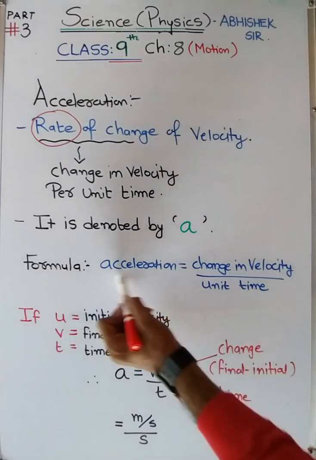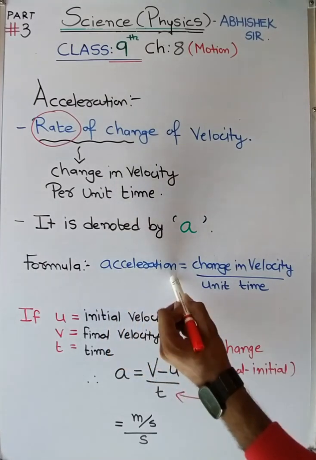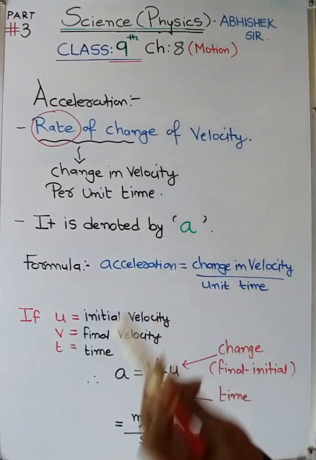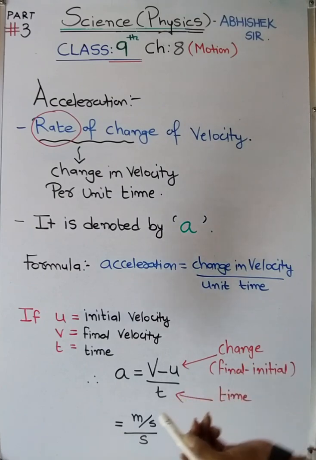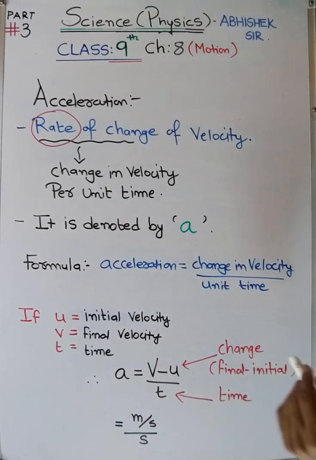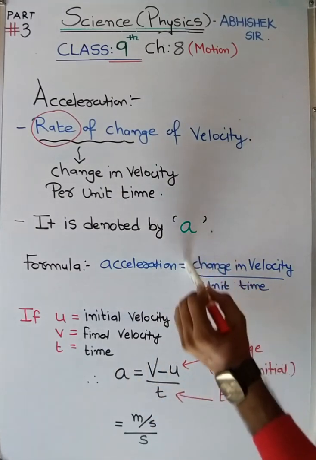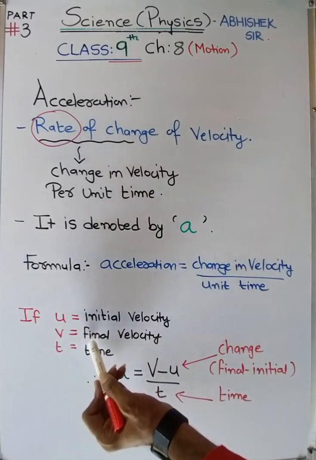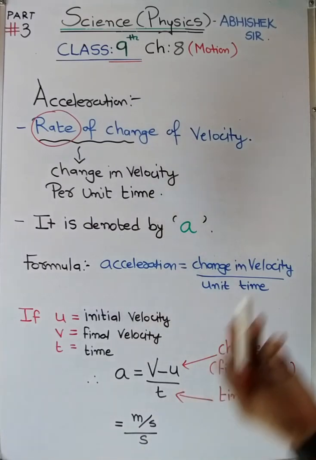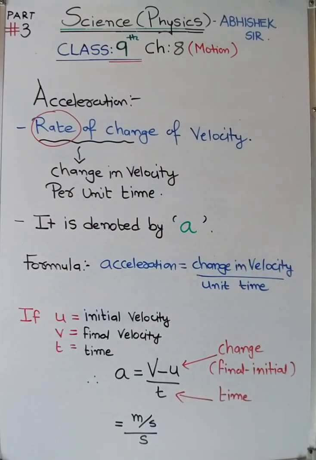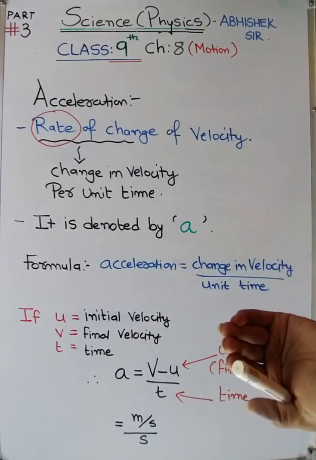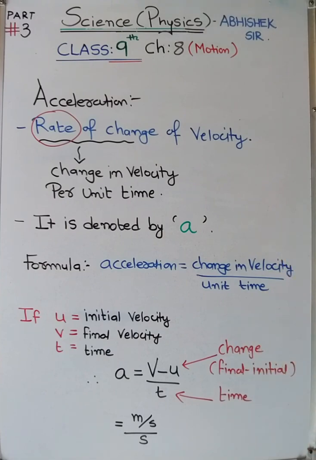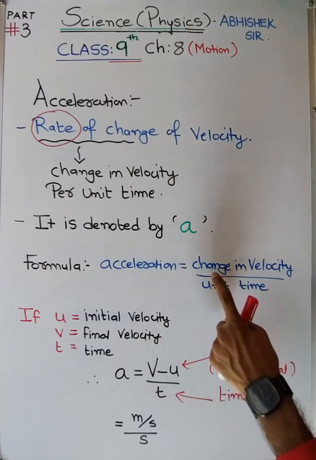But we do not use the formula in words every time. Instead of words, let us go for the symbolic formula. To find change, we need to suppose an initial and a final value, then only can we find any kind of change, right? Suppose you want to find change in your result, you have to compare the latest result with the previous result. So initial and final are necessary whenever you want to find change.